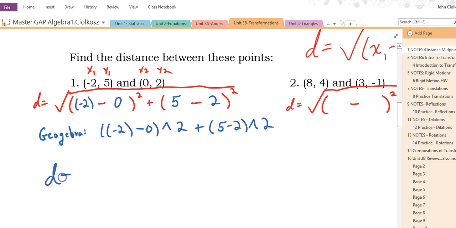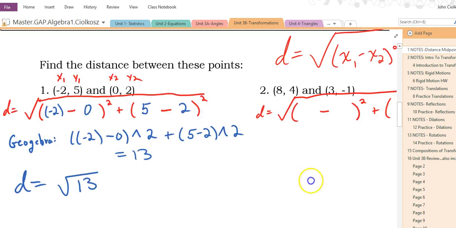What GeoGebra is going to spit out here is 13. So our distance, our final answer, we're just going to leave as the square root of 13. Again, what we type in the calculator or GeoGebra, we'll leave the square root in our answer.